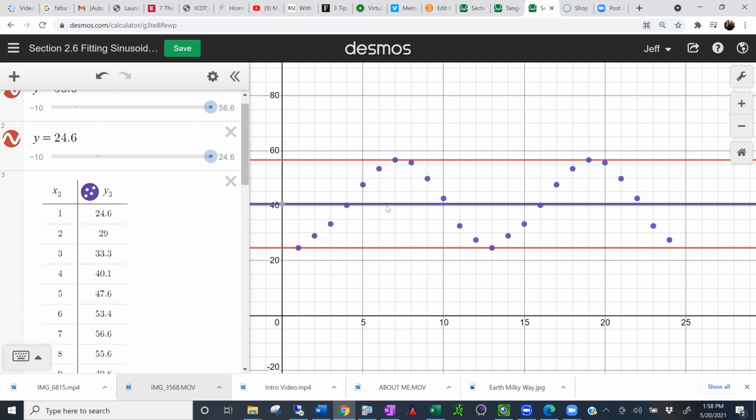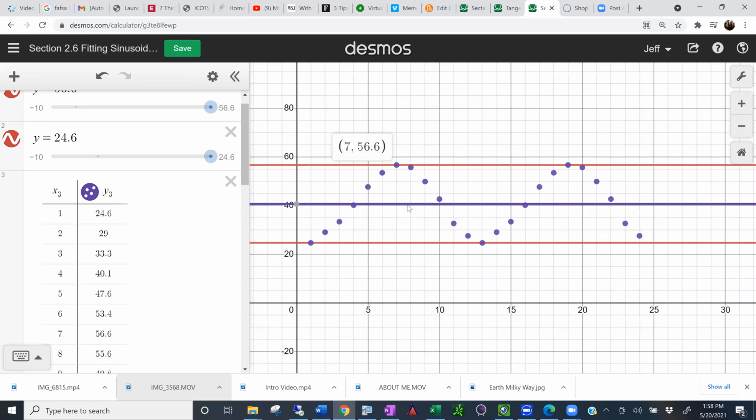So this distance between this line and this point here, that's going to be my amplitude. So let's take a look at what that's going to be accordingly.